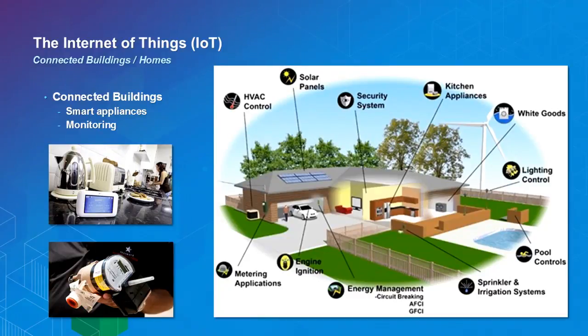So you may be surprised to know that I would probably guess most people in this room actually have some of this technology already in your homes and offices, whether it's a wireless security system or irrigation, or maybe just one of the newer smart utility monitors. Many of the functions of our homes are increasingly becoming automated.